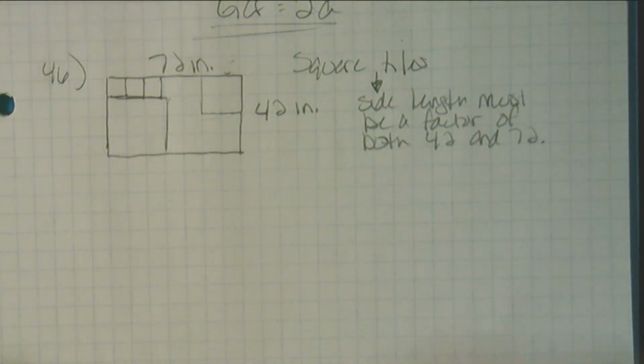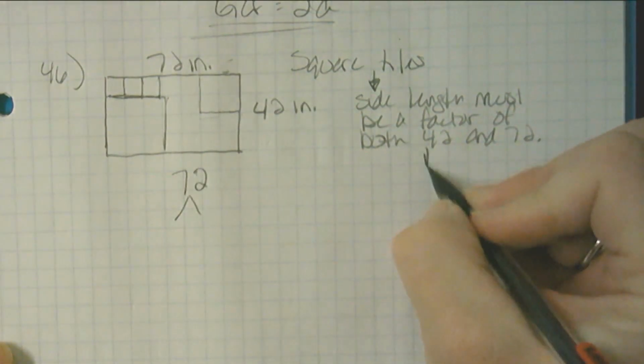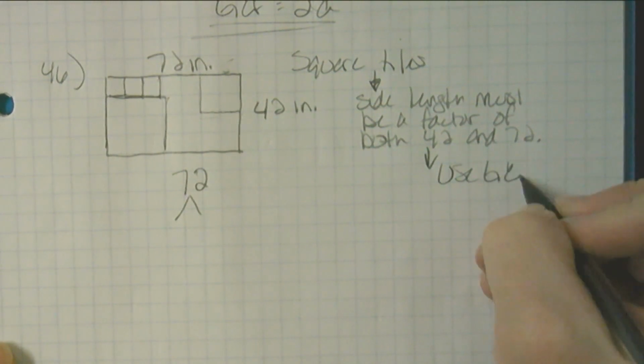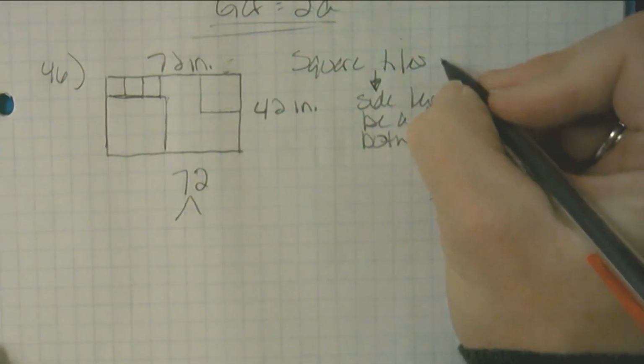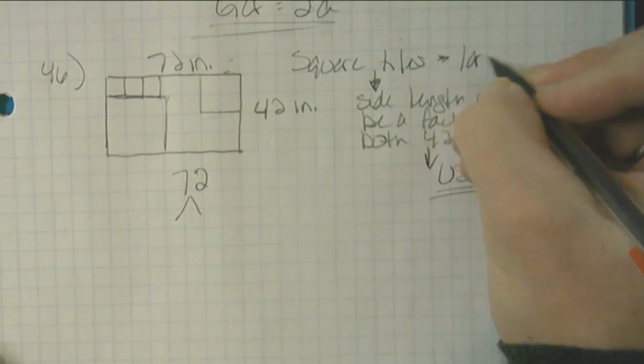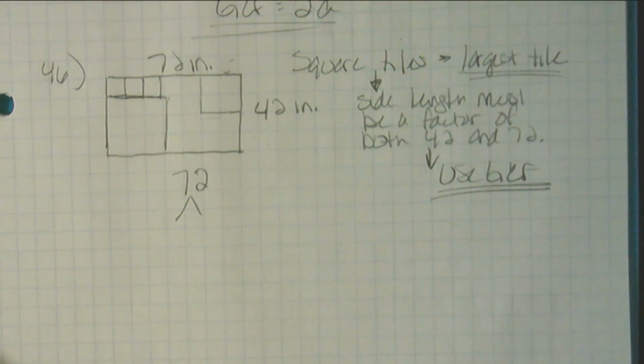So because of that, I can use my GCF. I want to find the greatest. So we want square tiles. We want the largest tile is what we're looking for, or the greatest tile. So that's the greatest factor of both of them, which means it's GCF.